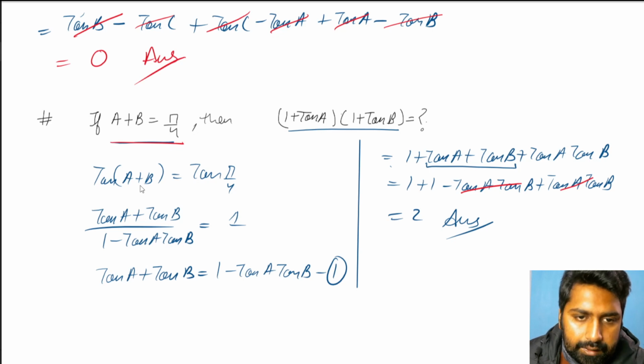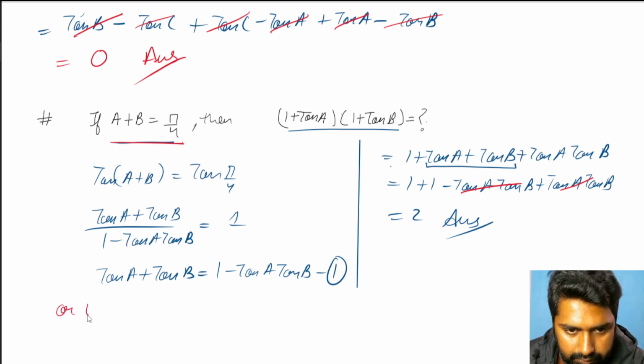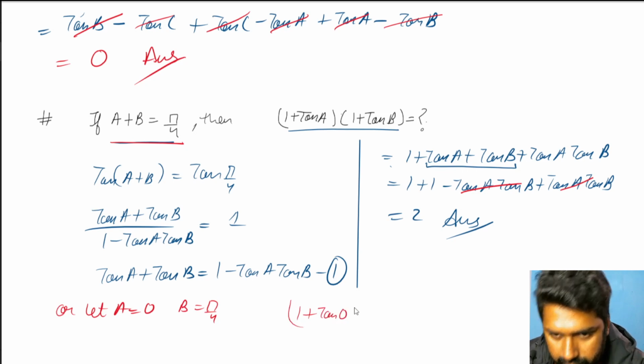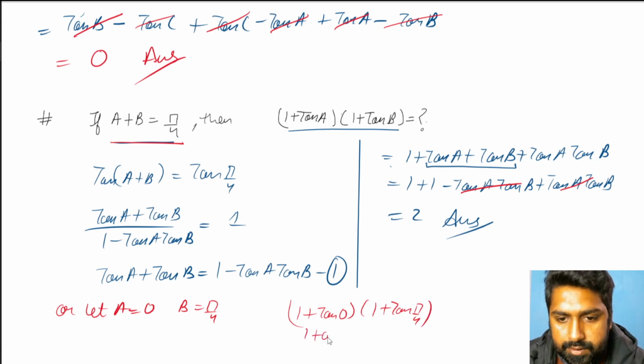So if I let a be 0, then b has to be pi by 4. And let's put down the values. 1 plus tan 0, 1 plus tan pi by 4. So 1 plus 0, this is 1 plus 1. This becomes nothing but 2. That's your answer also.